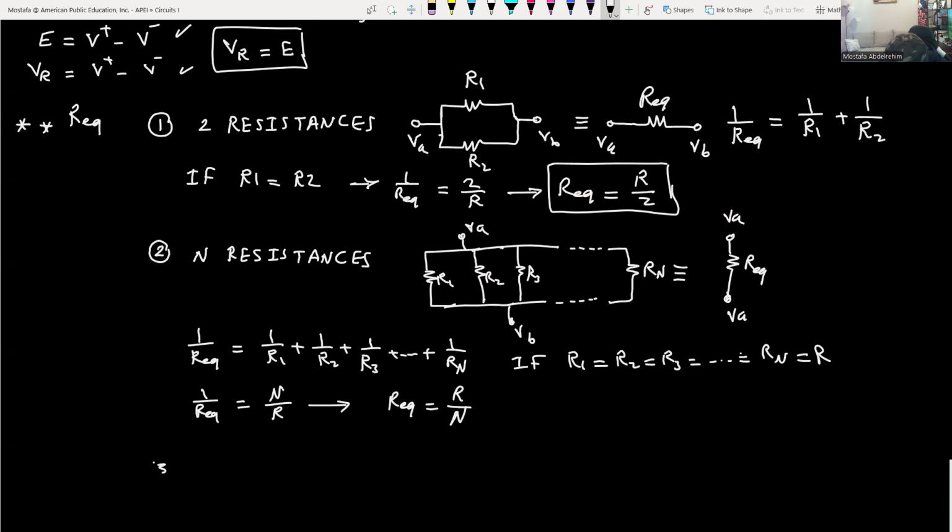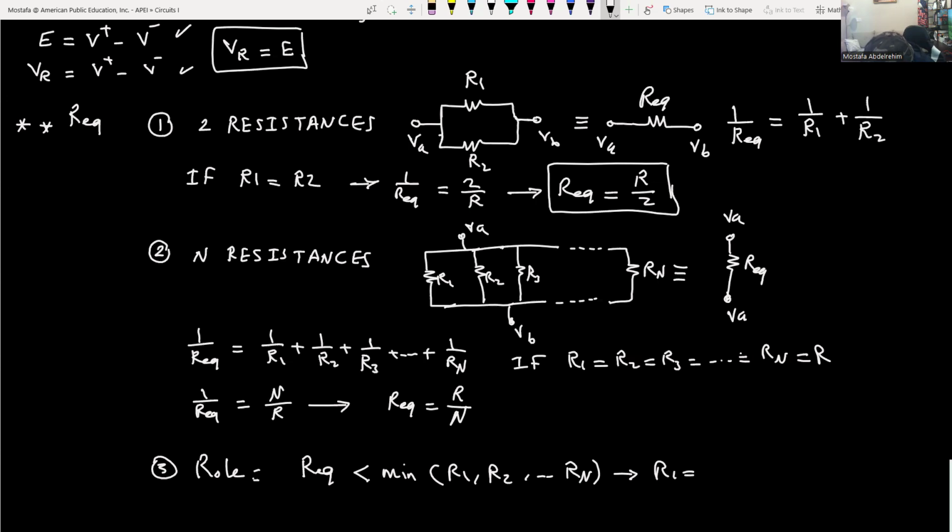Number 3, rule: R equivalent is less than the minimum between R1, R2, Rn. For example, let's take an example.